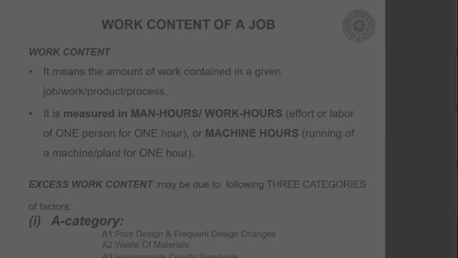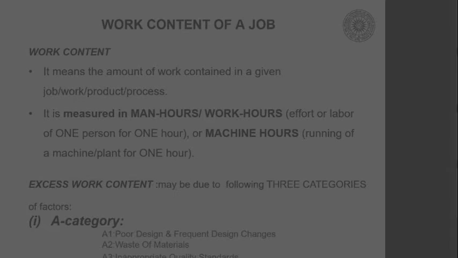A2 category is waste of material. So if we are not taking the appropriate size of the raw material, there will be excess material which will be wasted, and this will fall under the A2 category. Then A3 is inappropriate quality standards. So our quality standards are very old.